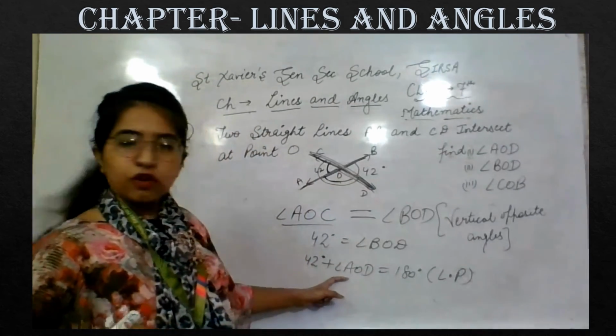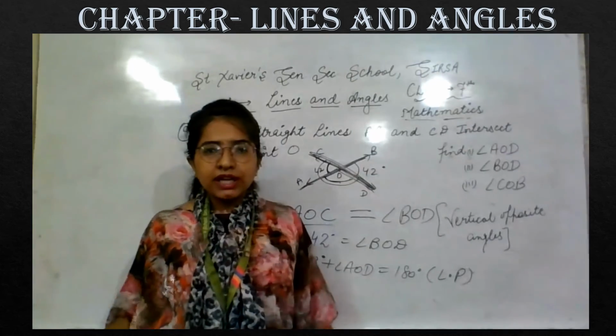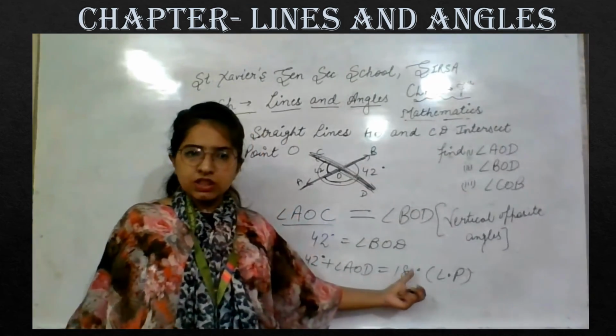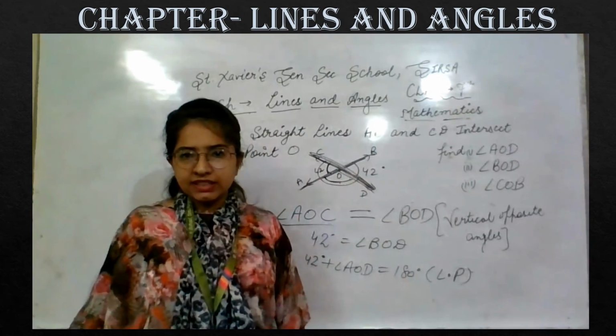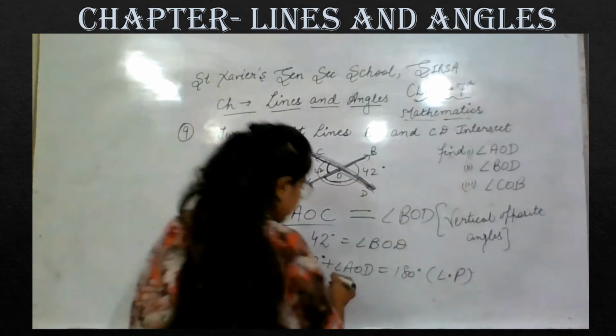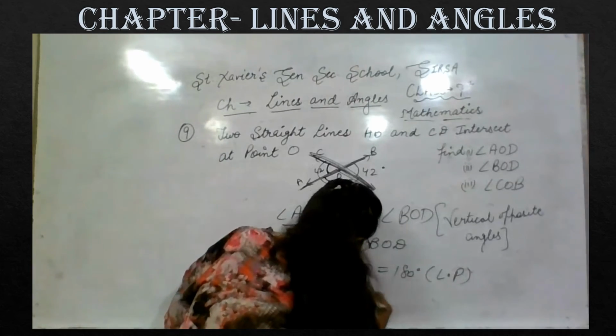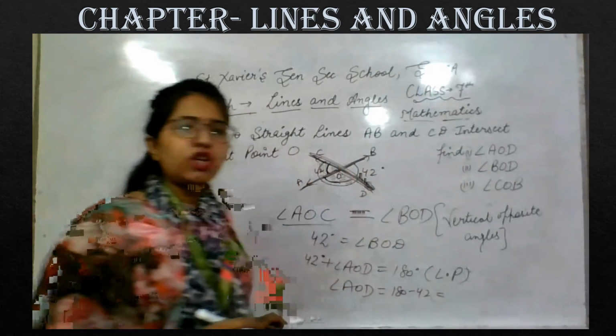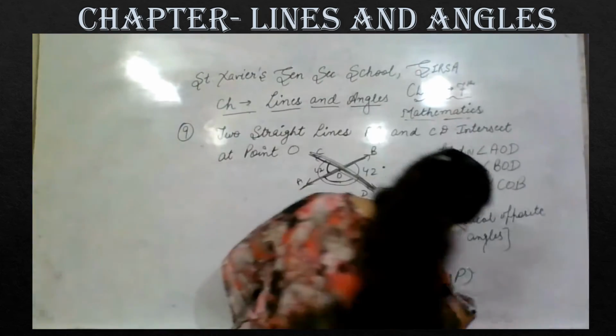So what will be the value of AOD? 180 minus 42. 42 will be transposed. It will become minus that side. Let's do it. 180 minus 42 is 138.